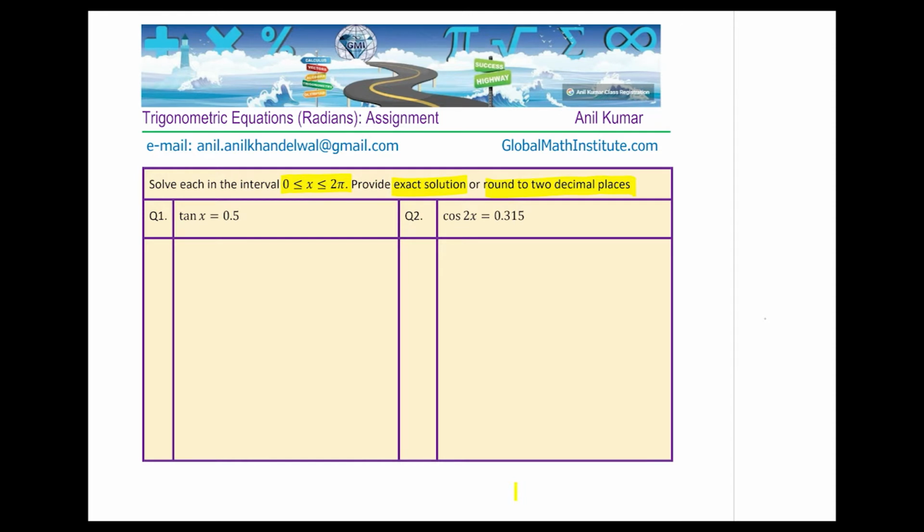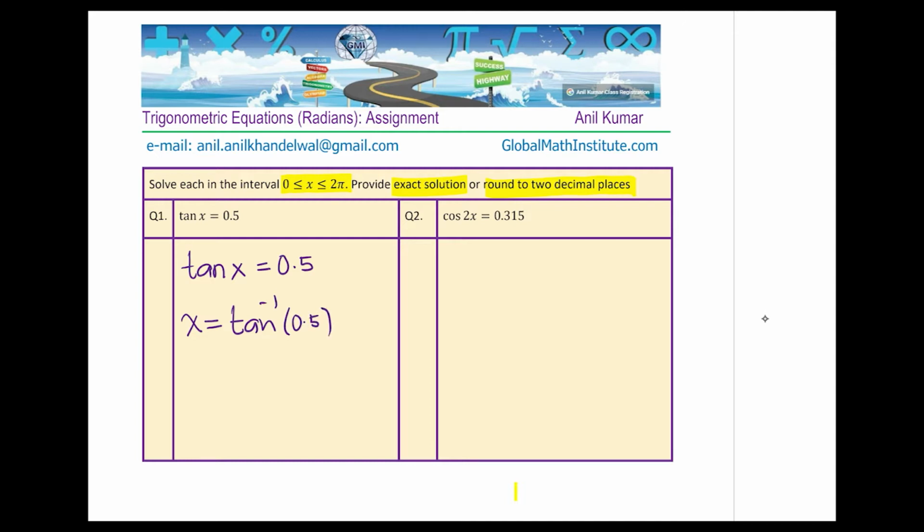So let's begin with the very first one, which is tan x equals 0.5. Now 0.5 means we are looking for a positive value. First things first, we can find what x is equal to using the calculator. So x is equal to tan inverse of 0.5, correct?